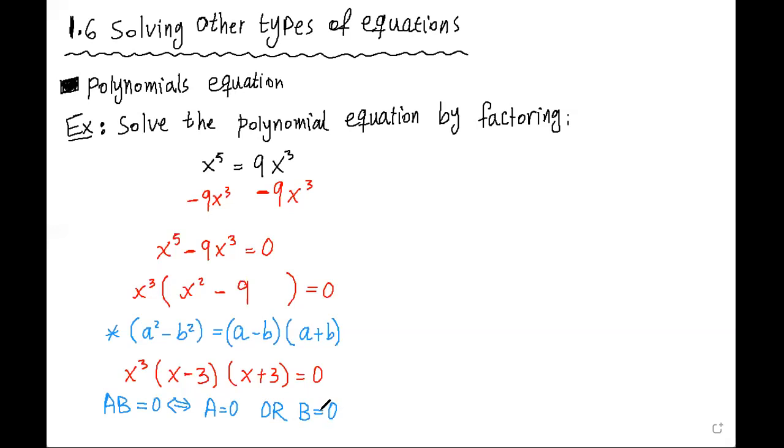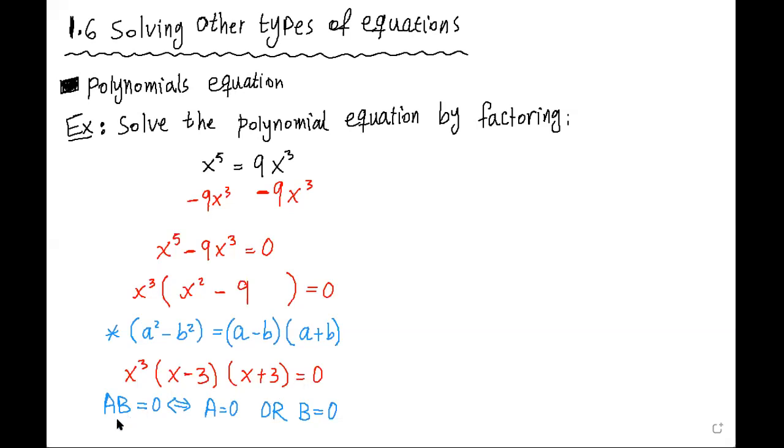Now we use this property on the red line here. It means the first term equals 0, or the second term equals 0, or the third term equals 0.